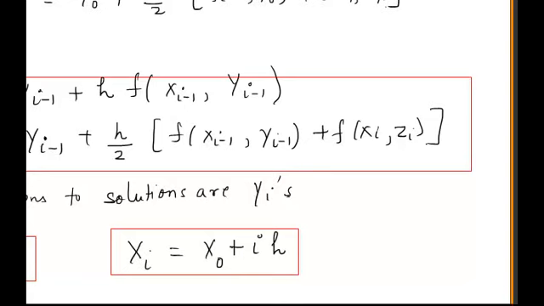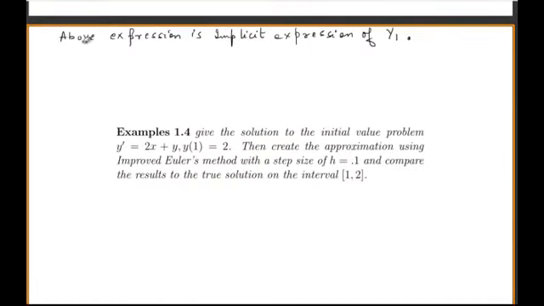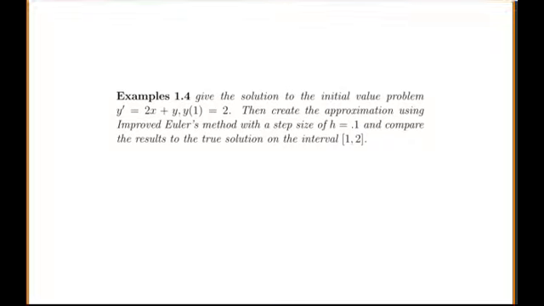Okay, so let's now solve a problem. We have an example here, and we'll solve this example by hand, and then we will use Excel also to solve it. You would be using numerical methods for problems you can't solve.